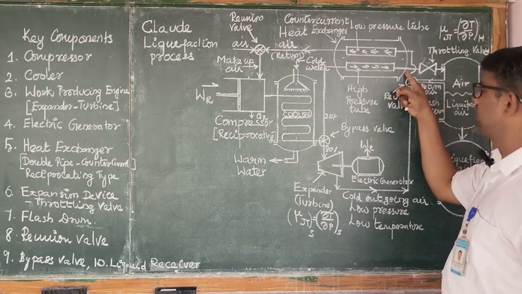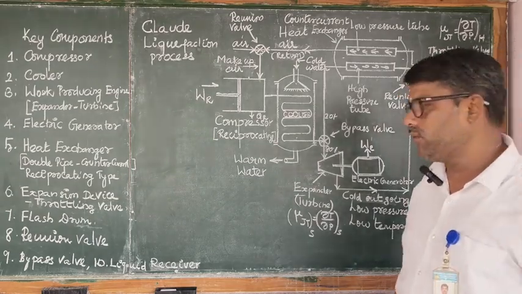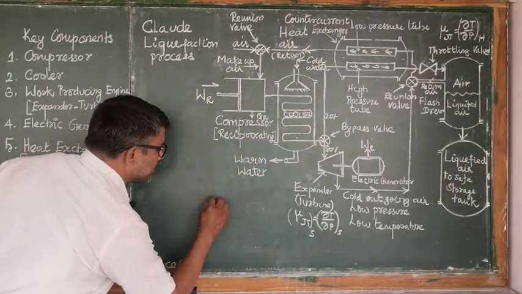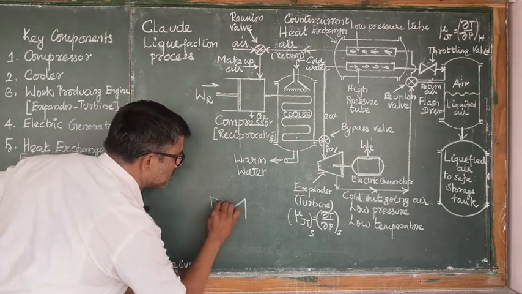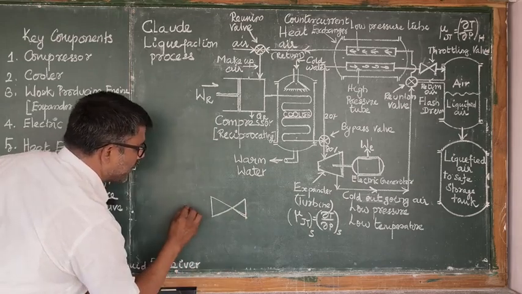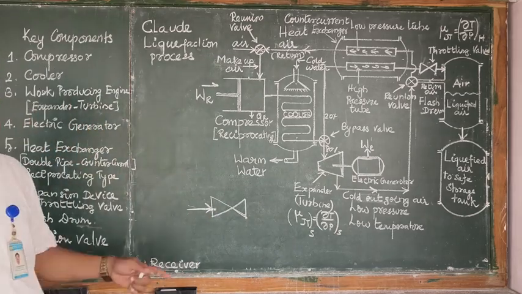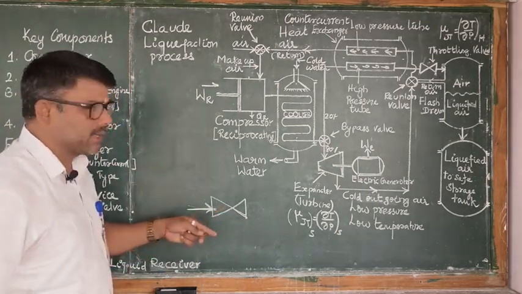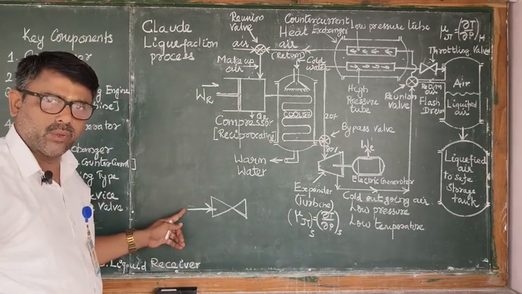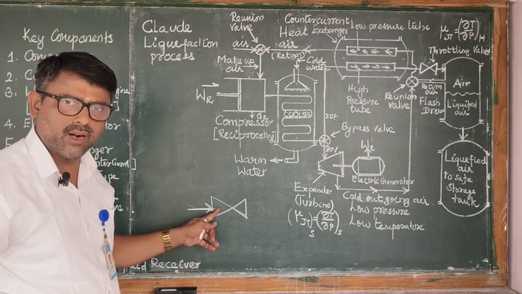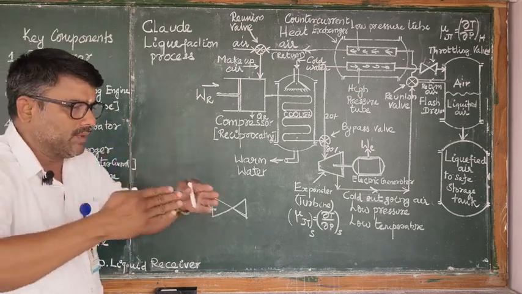The highly compressed air from the heat exchanger is fed into a throttling valve or expansion device. See the pictorial representation of the throttling device. First, the air experiences a further increase in pressure because of the convergent section.